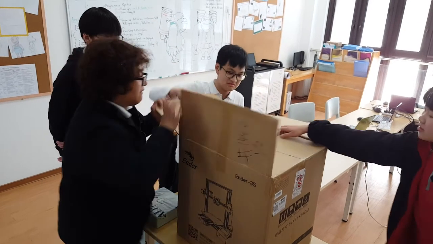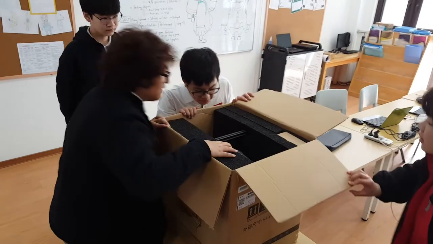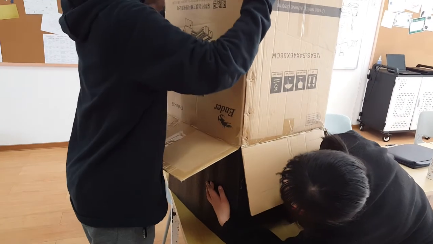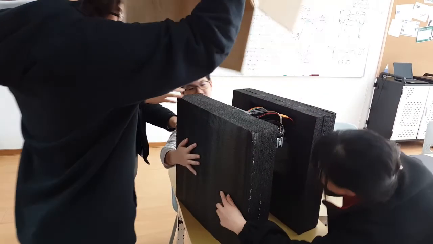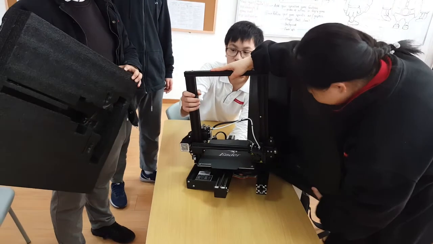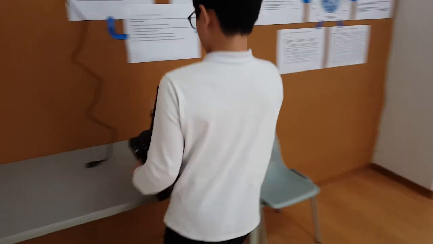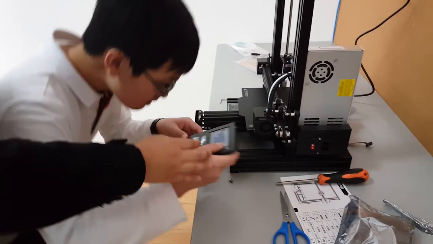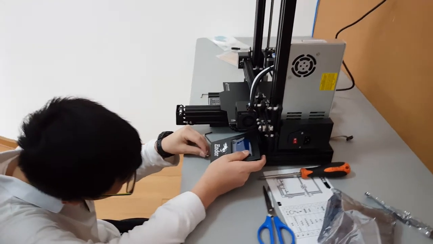Our 3D printer has also arrived, and we have been assembling it so that we can print our models. We will learn how to make our 3D models so that they can print using a 3D printer.